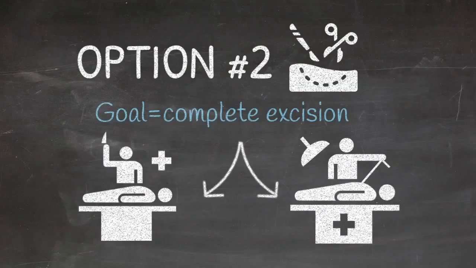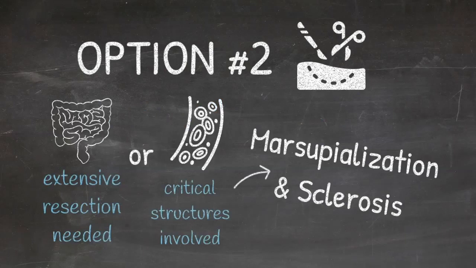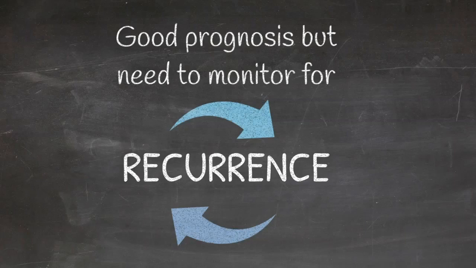The surgical approach is resection or marsupialization, depending on how extensive your bowel resection would be. These patients have a great prognosis and should be followed to make sure they're not recurring.